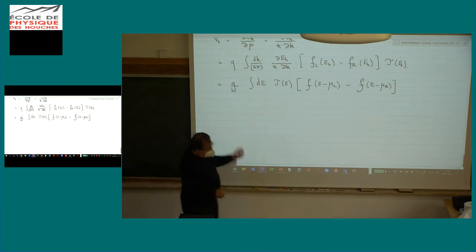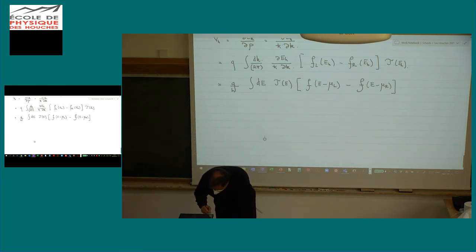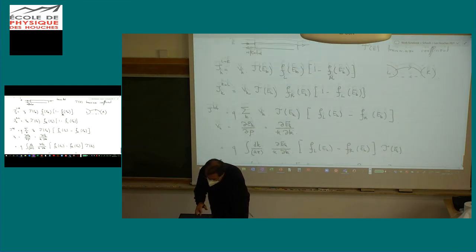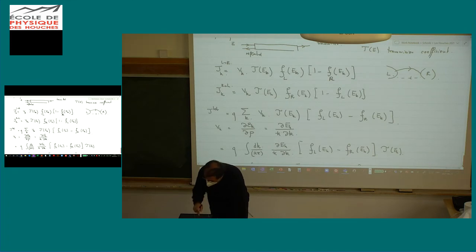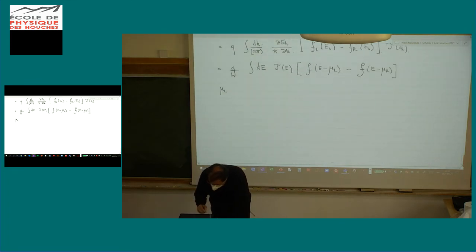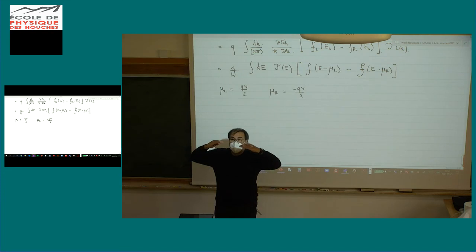Now I could say, for example, the chemical potential on the left, mu left, and I probably forgot a minus sign because the current has to be counted properly, but let's not worry about this for the moment. So mu left is essentially, let's say, qV over 2, and mu right will be minus qV over 2.